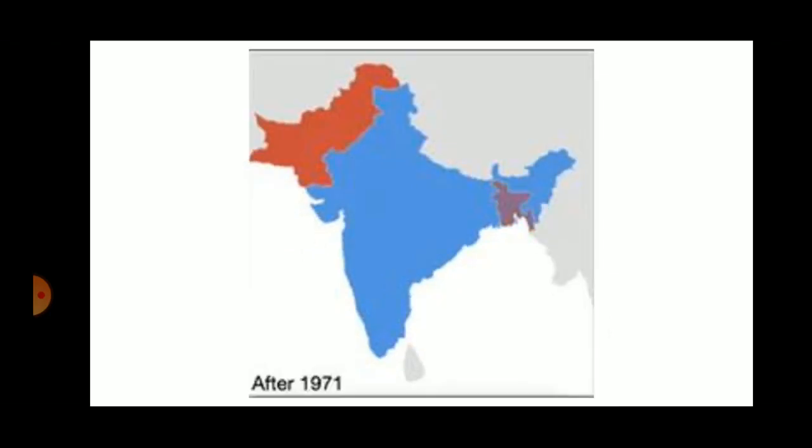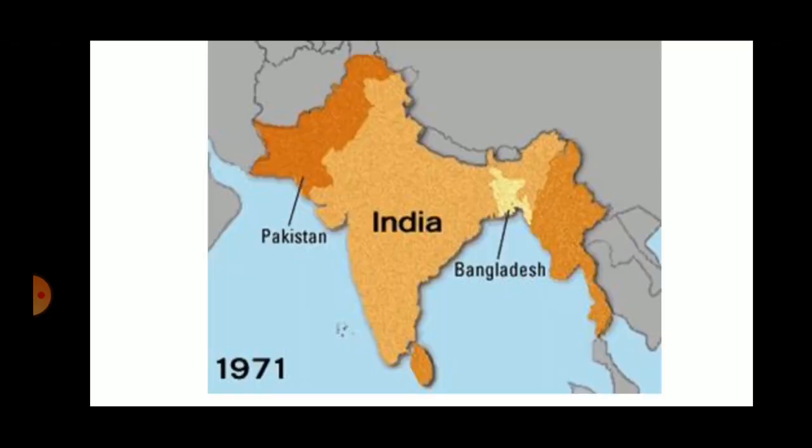Later, in 1971, again East Pakistan was separated from West Pakistan and two new countries, Pakistan and Bangladesh, were formed. Here, this map is showing the three countries, Pakistan, India and Bangladesh.